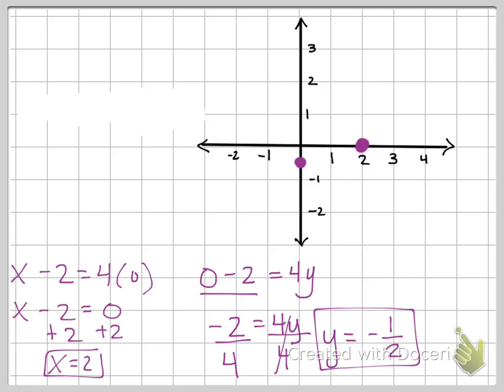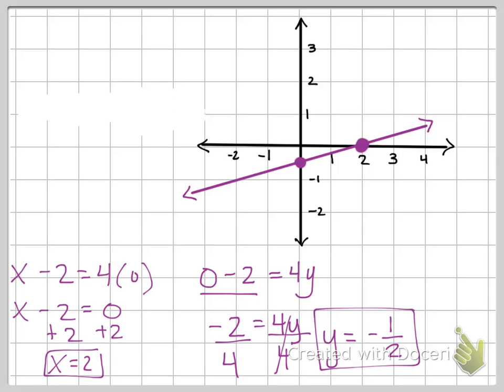Okay, between the 0 and the negative 1, because it's negative 1/2. It's not quite negative 1, but it's in between. So now I've got my 2 intercepts, and I'm just going to draw a line through so that we can graph them. Remember, make sure your line extends through both points.